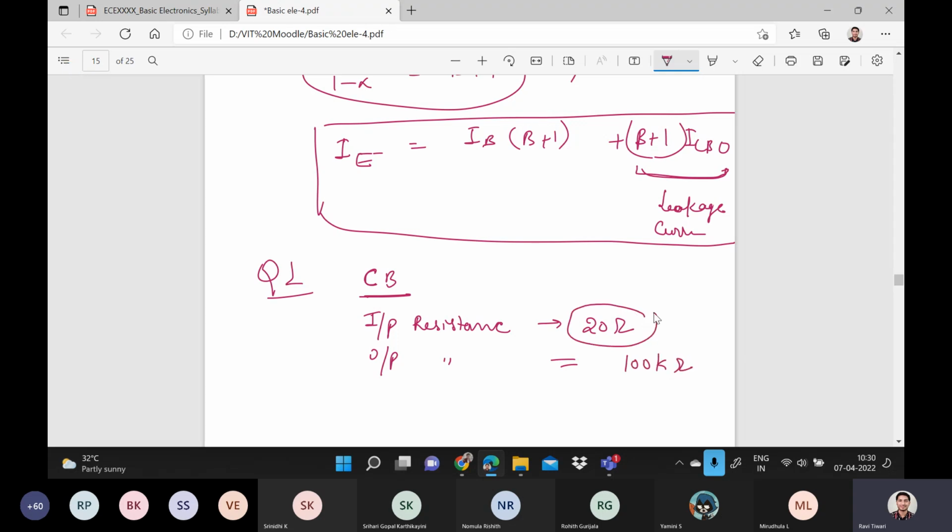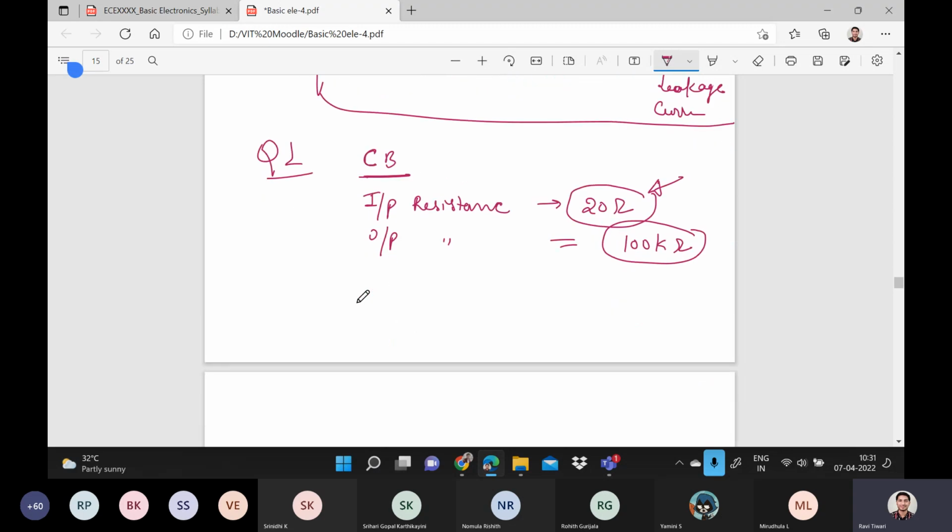Because this is forward biased, so the resistance is very low, and this is reverse biased, so the resistance is very high. Now they say that the collector load RC is 1 kilo ohm. If the input signal, V in, is 500 millivolt, it is applied between emitter and base, or VEB.